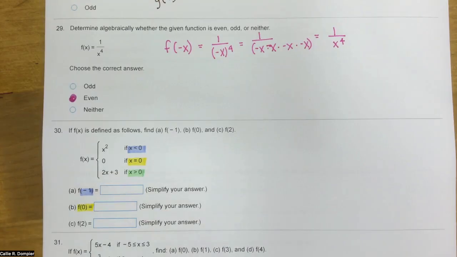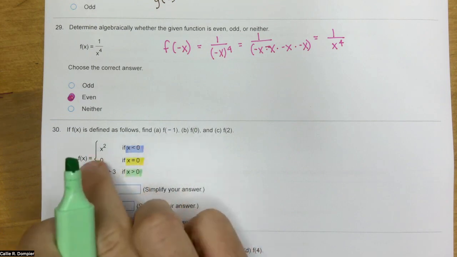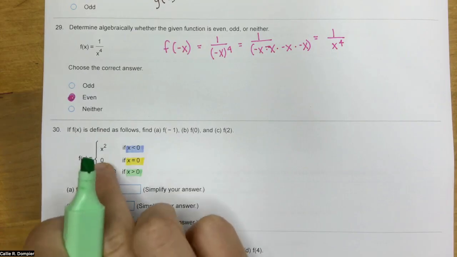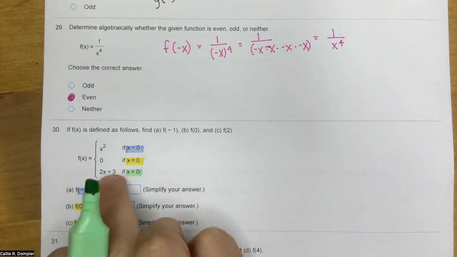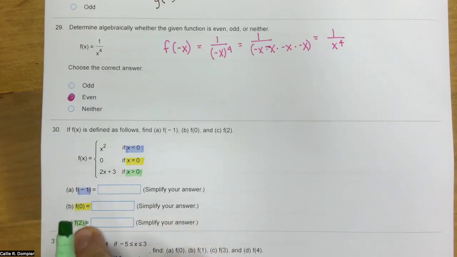And 2, our last one, is greater than 0. So what they're asking you to do is to use this equation for this one, use this for this one, and use this equation for this one. Okay? So it's just a matter of knowing what to use when.